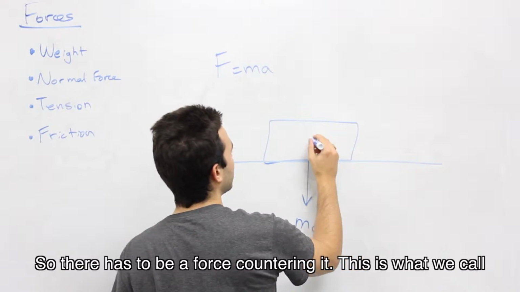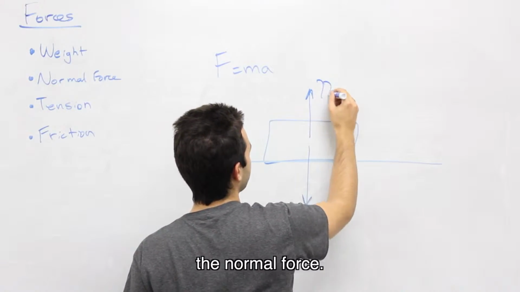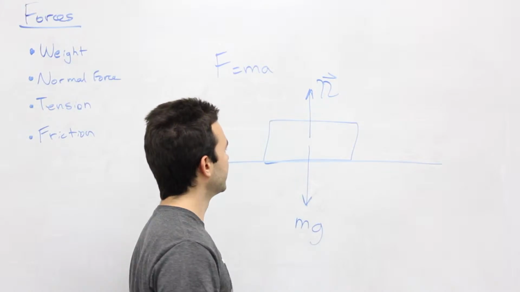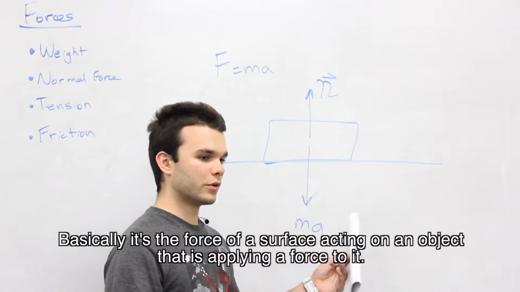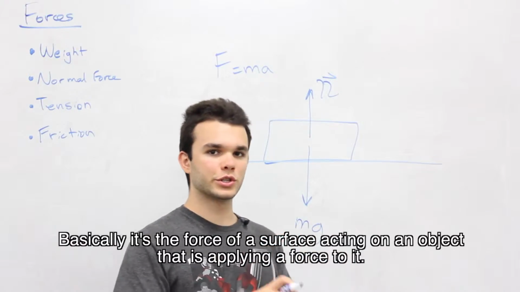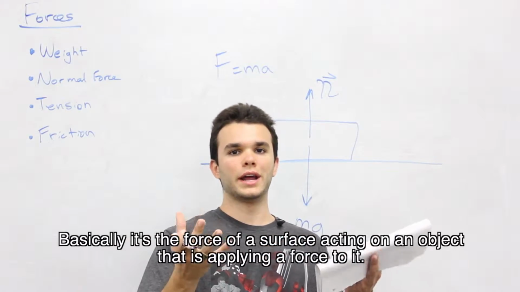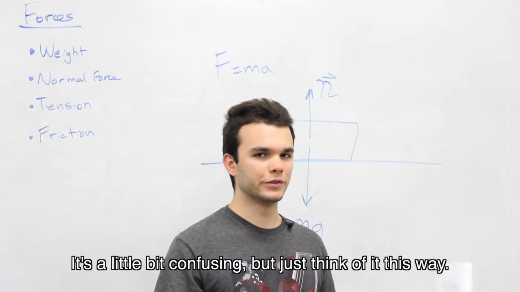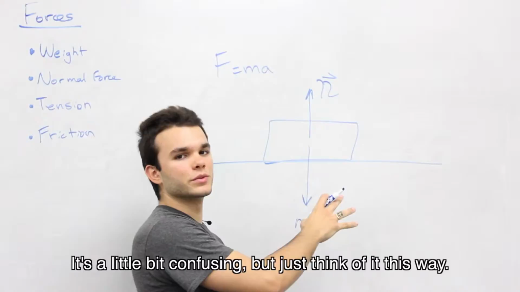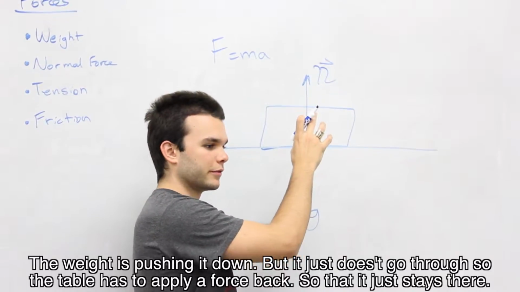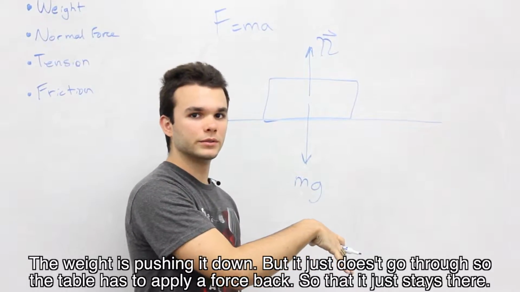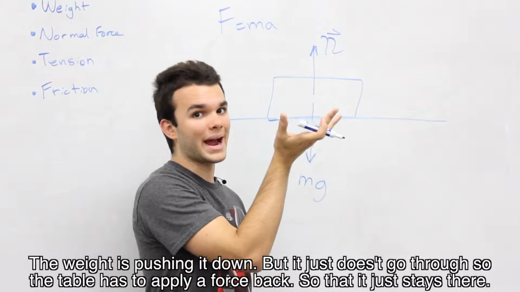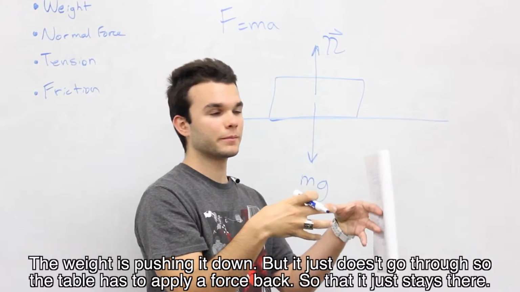This is what we call the normal force, which we'll draw with that squiggly end. Basically, it's the force of a surface acting on an object that is applying a force to it. It's a little confusing, but just think of it this way. The weight is pushing it down, but it just doesn't go through, so the table has to apply a force back so that it just stays there.